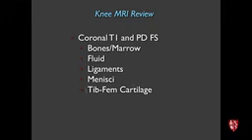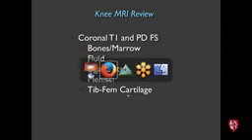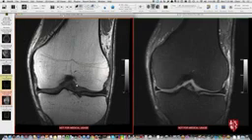So instead of starting out saying, I'm going to look at the cartilage or I'm going to look at the menisci, I go through this scan plane and look at all these different aspects of it. Let's leave it at that for the coronal images now, and we'll go to a scan here.